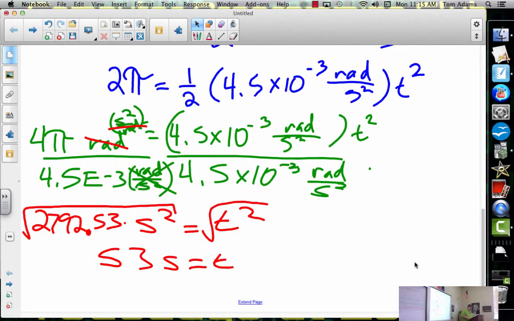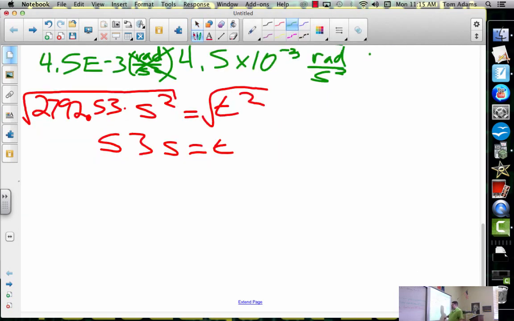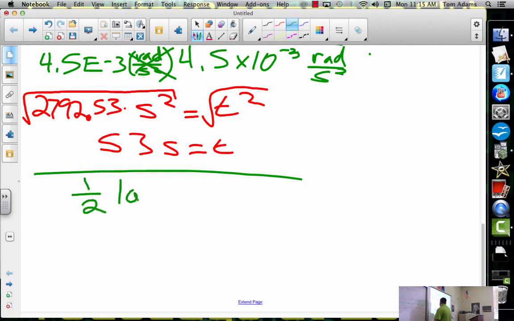Okay. Now part C says half that. Now would you just take 53 and divide it by 2? No. What would you do differently to find part C? Part C wants to know, what about 1/2 of a lap? What would the time be then? Well, you do the exact same thing, but your delta theta would change.